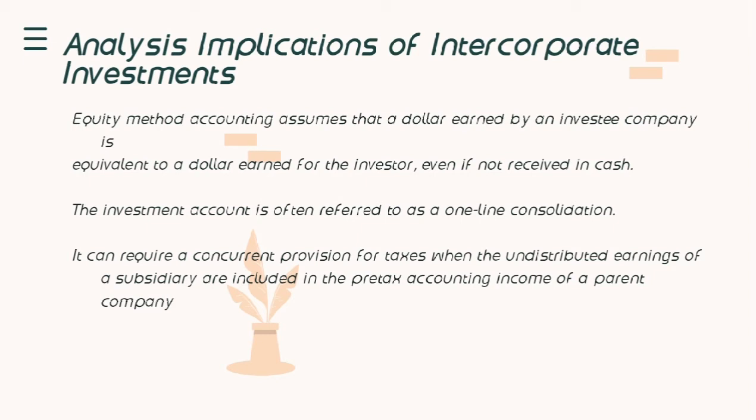Equity method accounting assumes that a dollar earned by an investee company is equivalent to a dollar earned for the investor, even if not received in cash. While disregarding the parent's potential tax liability from a remittance of earnings by an affiliate, the dollar-for-dollar equivalence of earnings cannot be taken for granted.